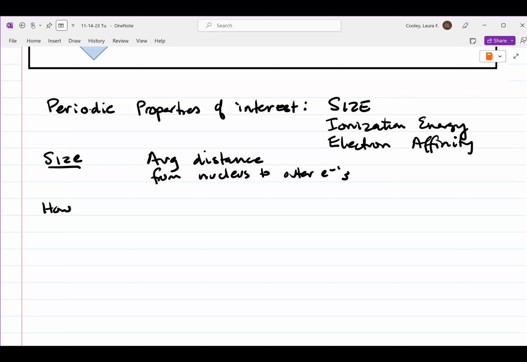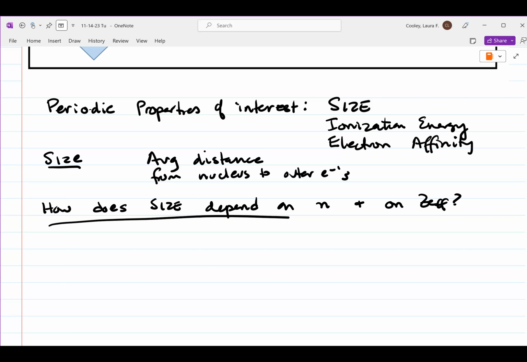So we want to first know, how does size depend on these two factors, N and Z effective? So first, what would happen as the shell value increases? As N increases, the shells are further and further away from the nucleus, right?